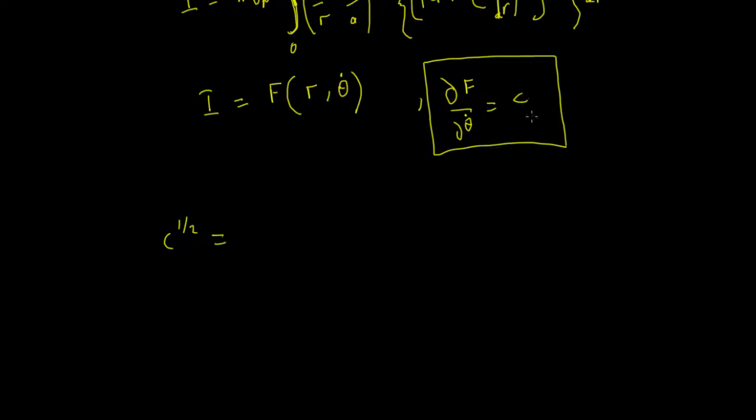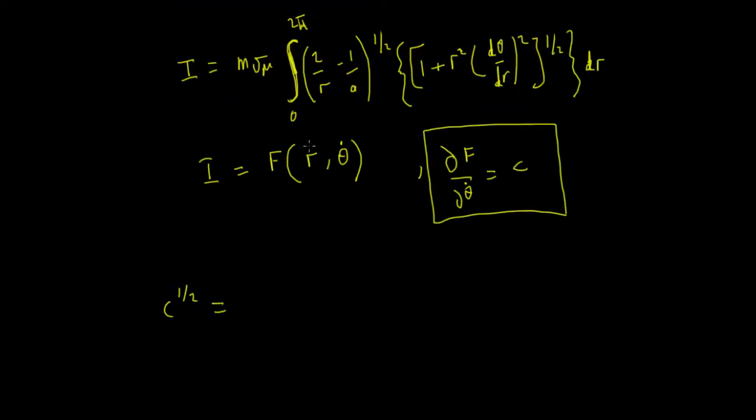You can call the constant anything, so we can call it c to the power of a half because it makes the maths easier whenever you work through the rest of the derivation. So we're looking to do this derivative here. There's no functionality on the partial on theta derivative in this term here, so that just acts as a constant. So you end up with 2 upon r minus 1 upon a all to the power of a half.